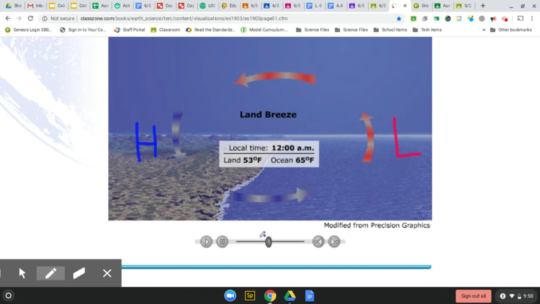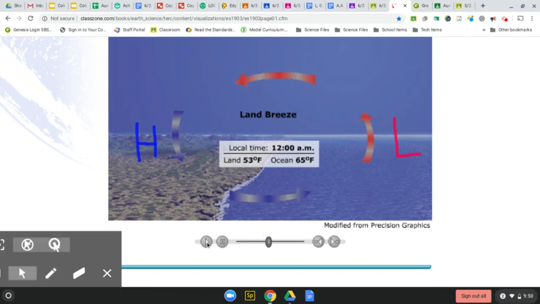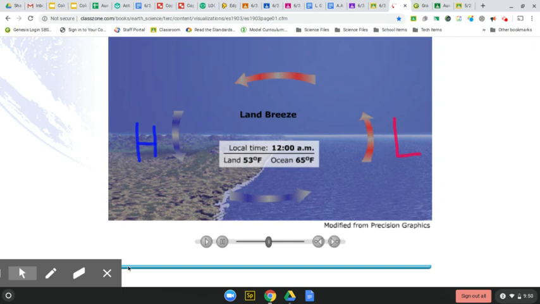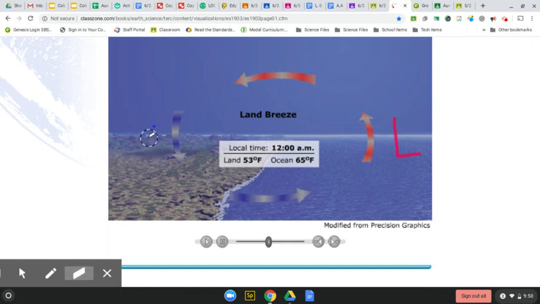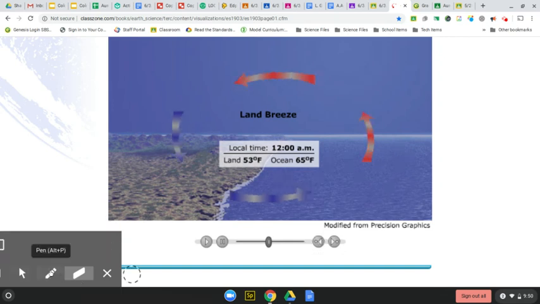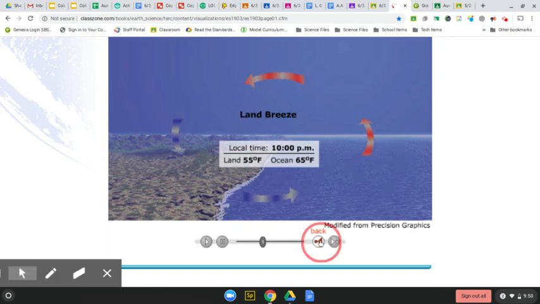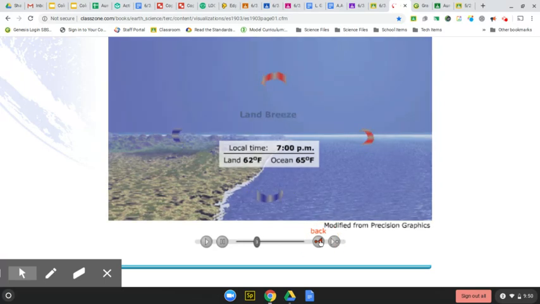Now, there are also going to be situations, and let me get rid of this high and low pressure so we don't get confused here, where there's not a temperature difference. So if I go back in time, now 6 o'clock p.m., the temperatures are the same.